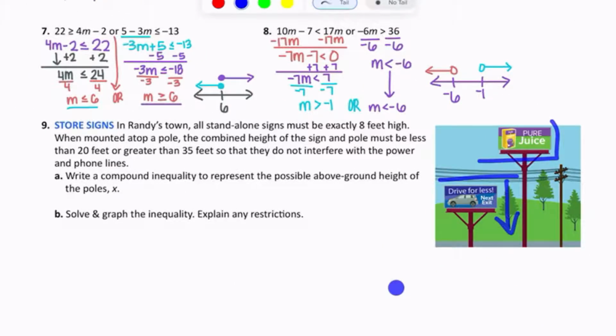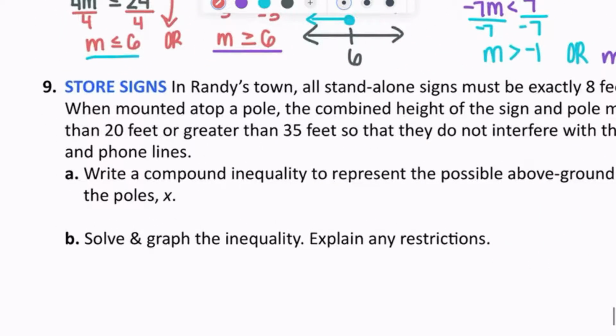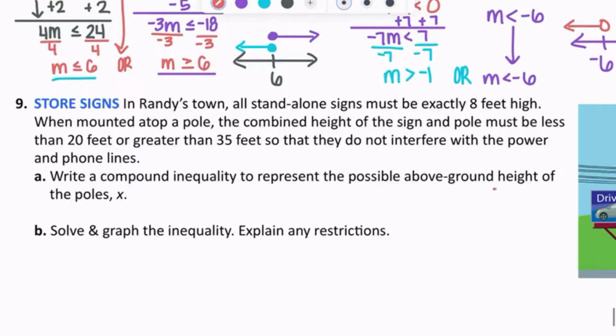And so part A says, write a compound inequality to represent the possible above ground height of the pole x. So again, this is telling me that x is the height of the pole. And in the problem, it says, when mounted atop the pole, the combined height of the sign and the pole must be whatever.